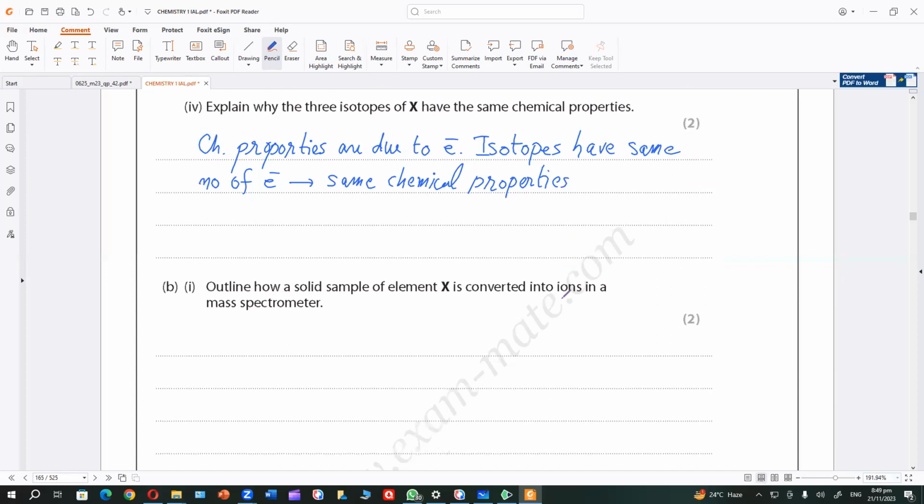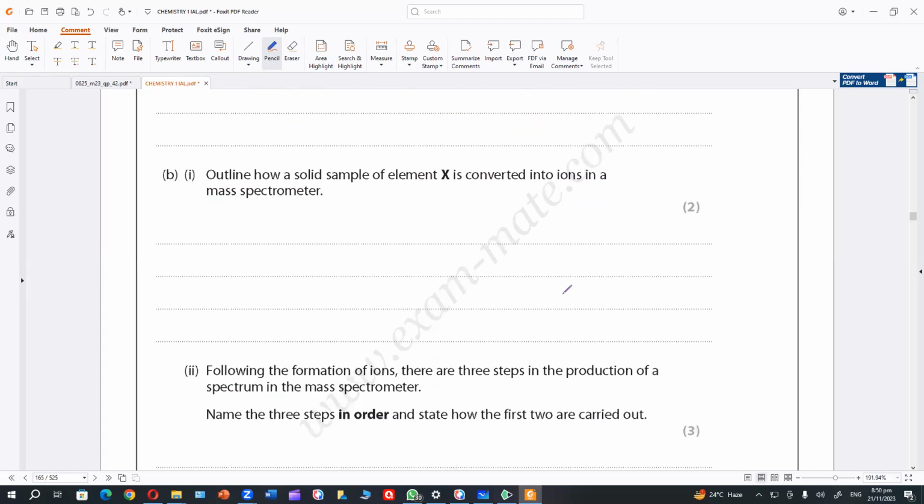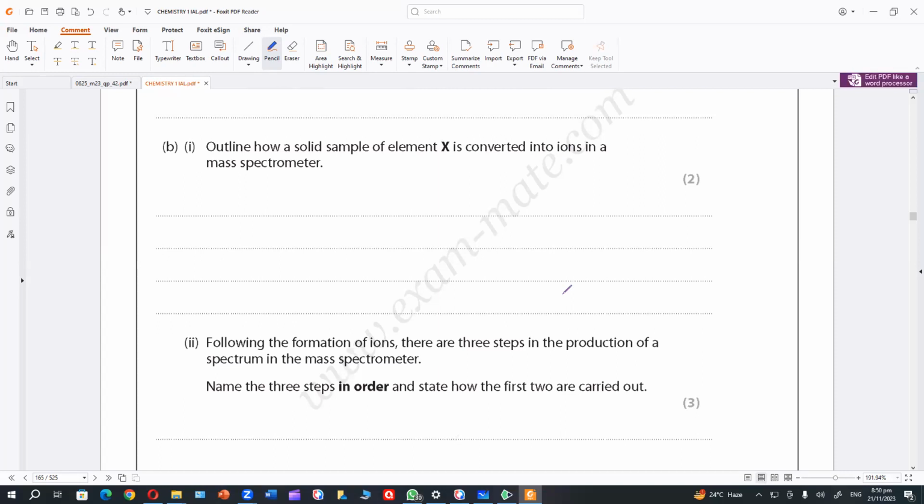Outline how a solid sample of element X is converted into ions in a mass spectrometer. This is a procedural question, 2 marks. So do we vaporize the sample?